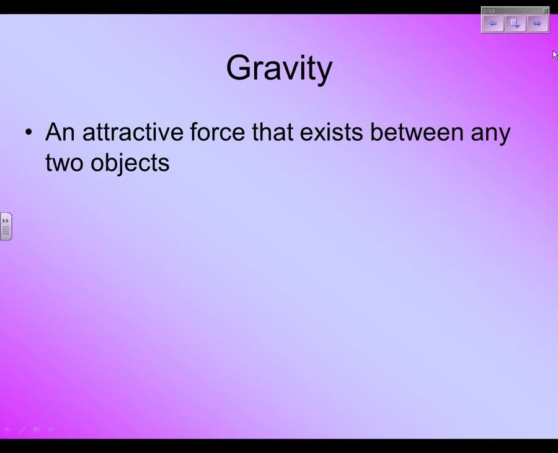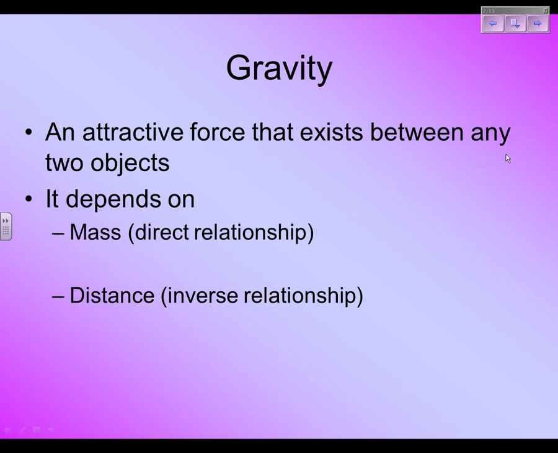And last week, we talked about some of the factors that influence how much gravity there is, like the amount of mass that these two objects have. There's a direct relationship between the amount of mass that two objects have and how much gravity is between them. And distance is an inverse relationship.